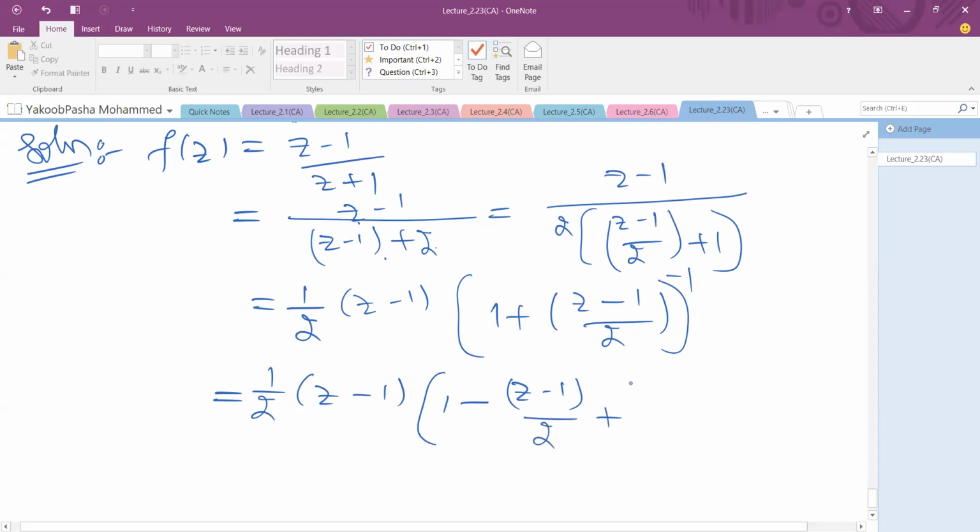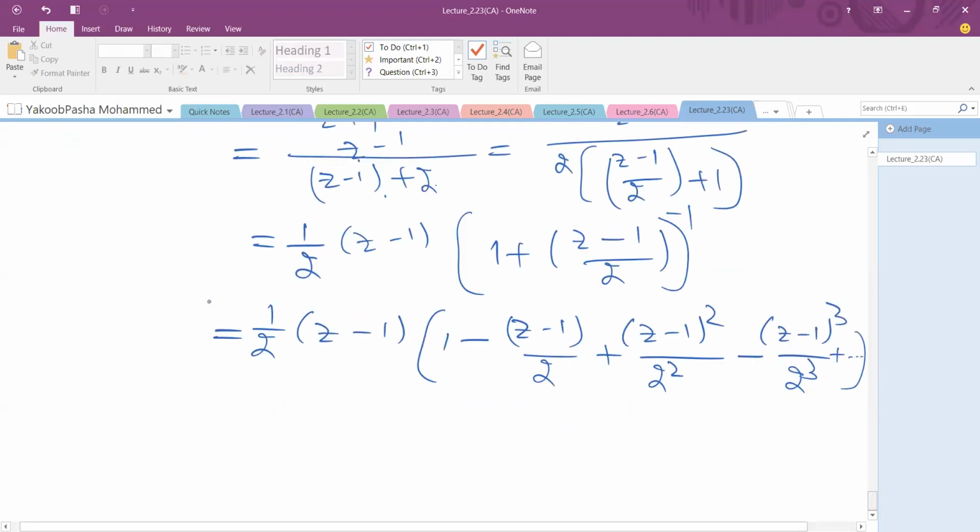First term, (z minus 1) whole square by 2 square. Actually (z minus 1) by 2 whole square, minus (z minus 1) whole cube by 2 cube, plus and so on. Okay, this is the expansion. And multiply with 1 by 2 (z minus 1).